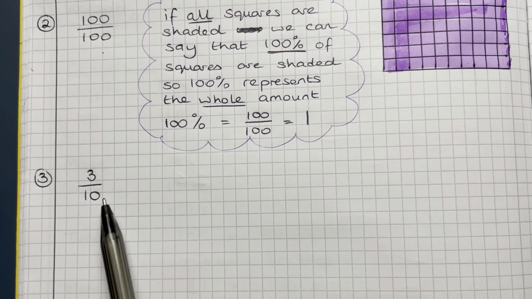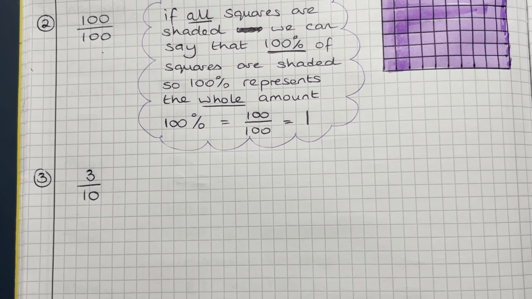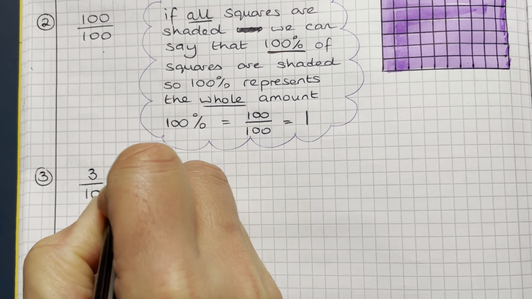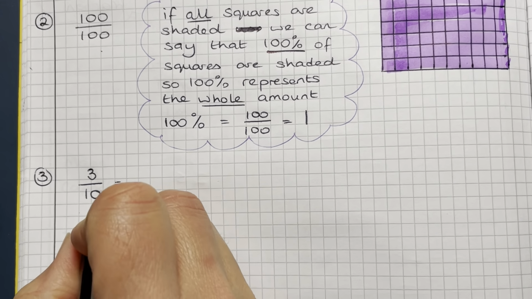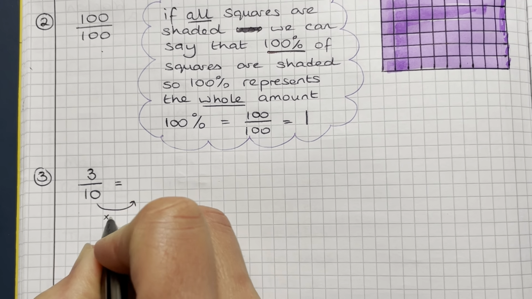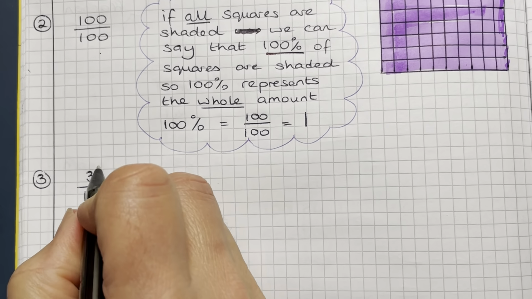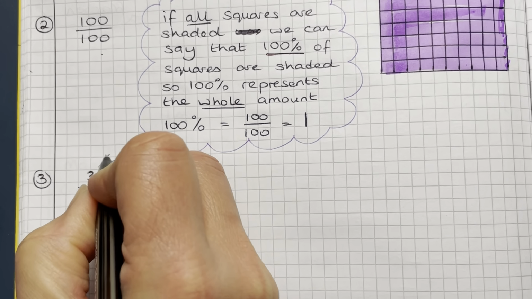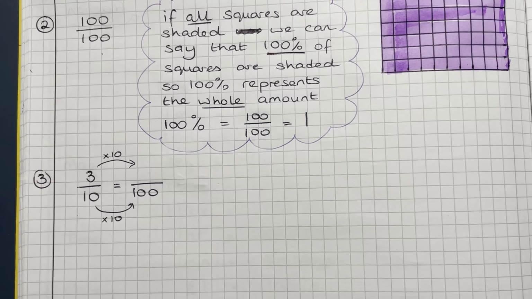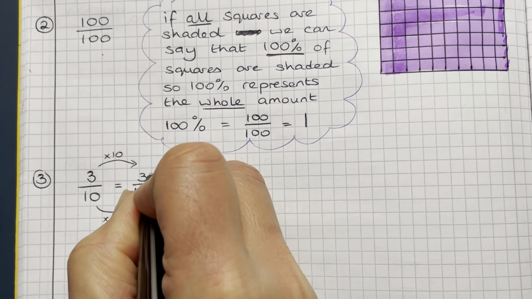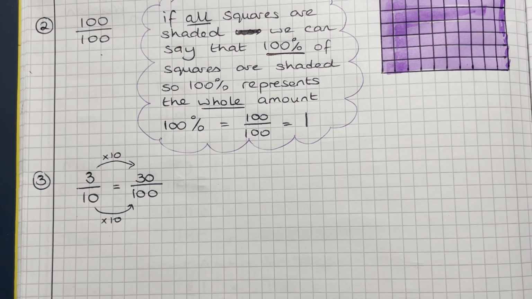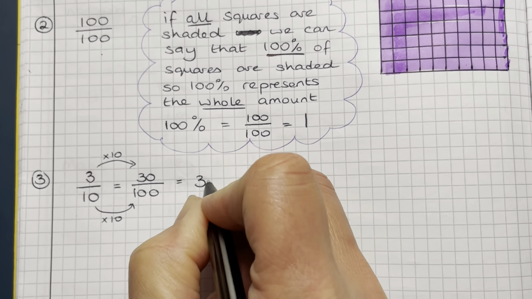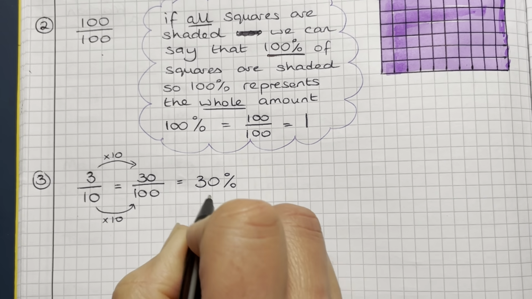I need to make my denominator 100. Well, luckily, from doing my equivalent fractions, I know that if I multiply my denominator by 10, I'm going to get a denominator of 100. I know for equivalent fractions, I need to do the same to the numerator that I do to the denominator. So I'm going to multiply both of them by 10. That gives me 30 over 100, which I can now write as 30%.